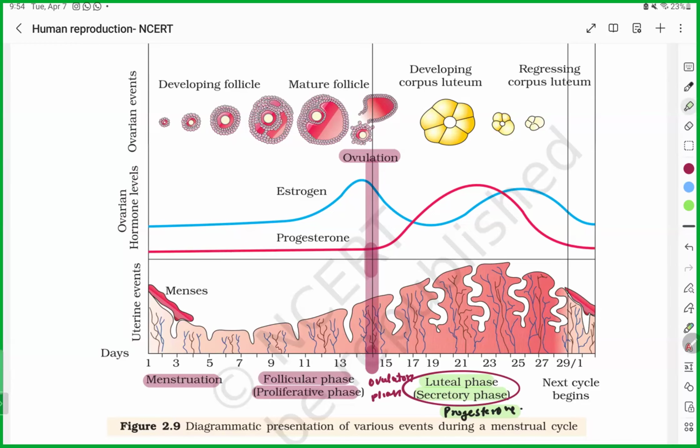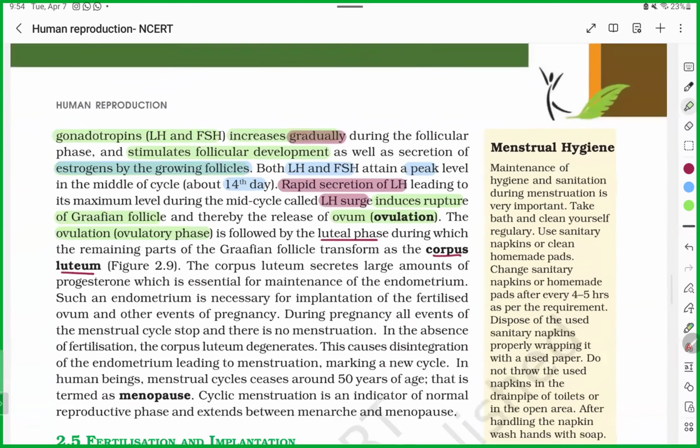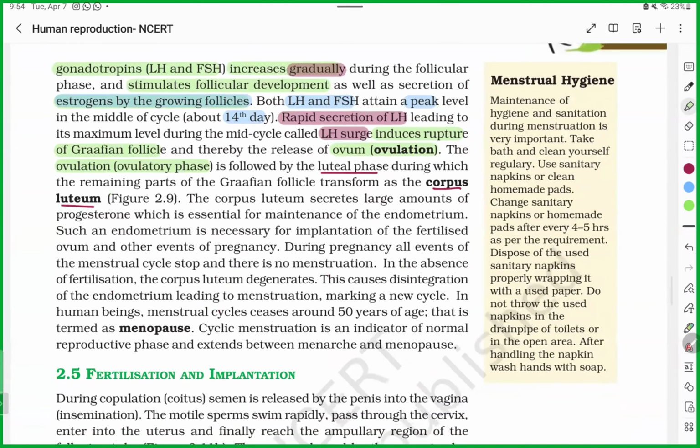Low level of progesterone, then the process will start. Okay. So the corpus luteum secretes a large amount of progesterone. The word large is more important, and this corpus luteum is important for endometrium maintenance. If progesterone is there, the endometrium stays, no bleeding.